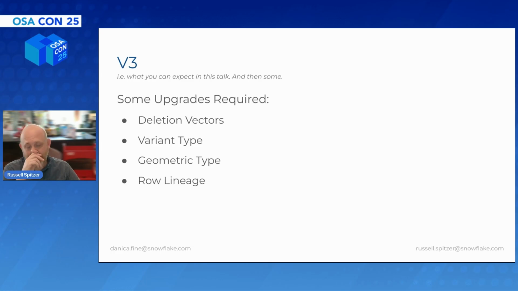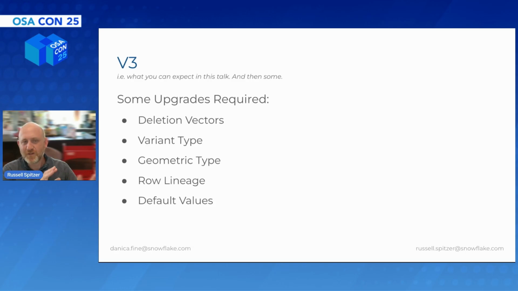The second to last thing we're going to talk about is row lineage. This is a new feature which enables you to basically track the changes that have occurred within an Iceberg table without doing any kind of additional work. And finally, default values. This is another long requested feature for Apache Iceberg tables.